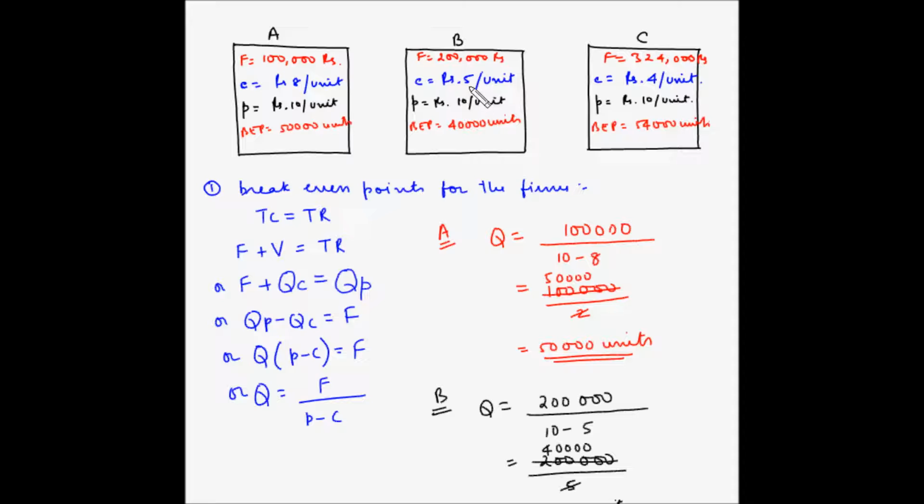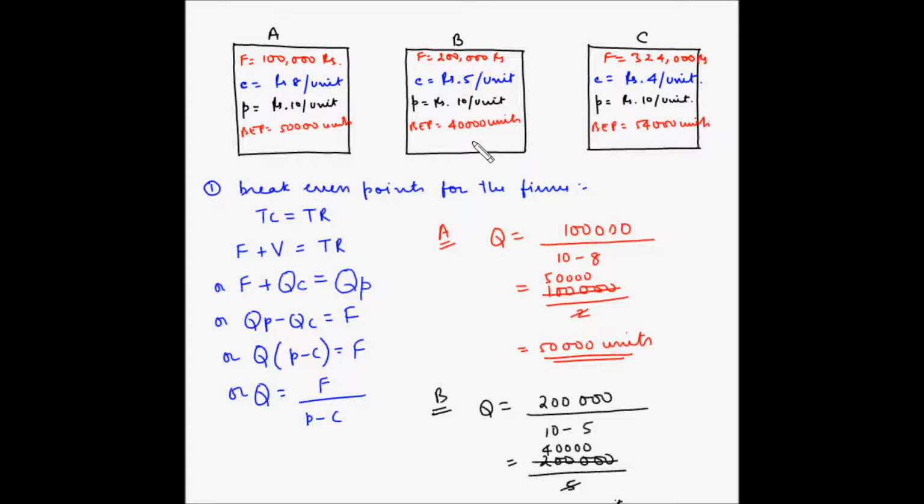So 5 rupees are available for covering the fixed cost, but fixed cost is 200,000 rupees. So the break-even point has come out to be 40,000 units. Now again, the lower the break-even point, the better for the firm, because that means that it has to produce less to cover all its cost, and then whatever it produces after that becomes its profit.